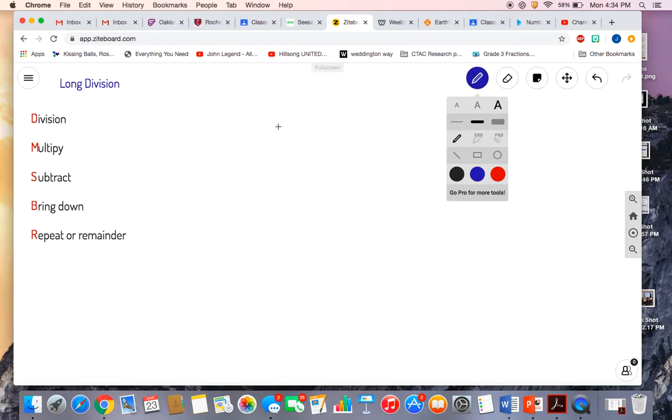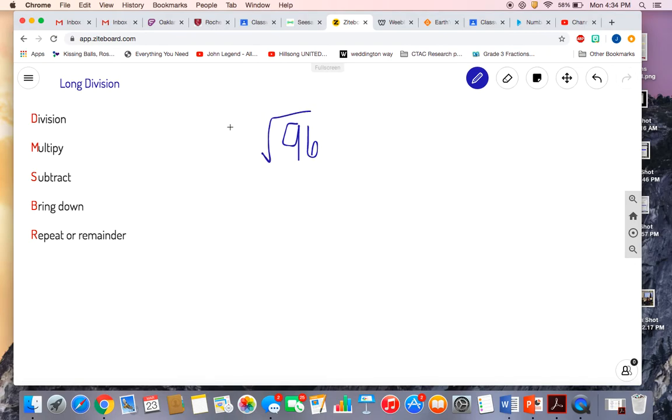So if we look at our first example, I would like to do the problem 96 divided by 4. My first step is divide. So I'm going to look and see how many times 4 goes into 9 without going over.